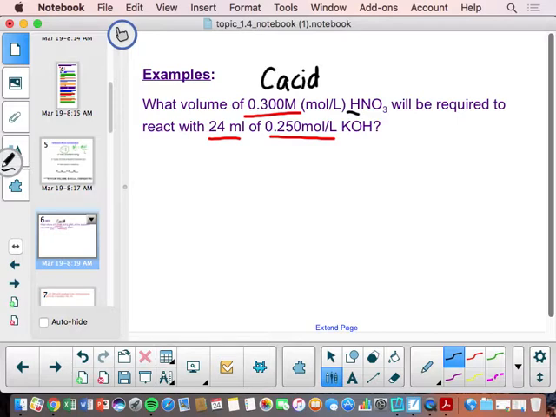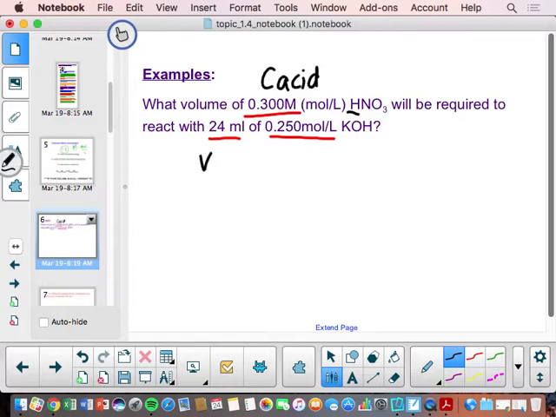Okay? Next piece of information is it'll react with 24 milliliters of KOH. Milliliters, is that a concentration or a volume? No? Volume? Milliliters? Right? That's just the liters on its own.